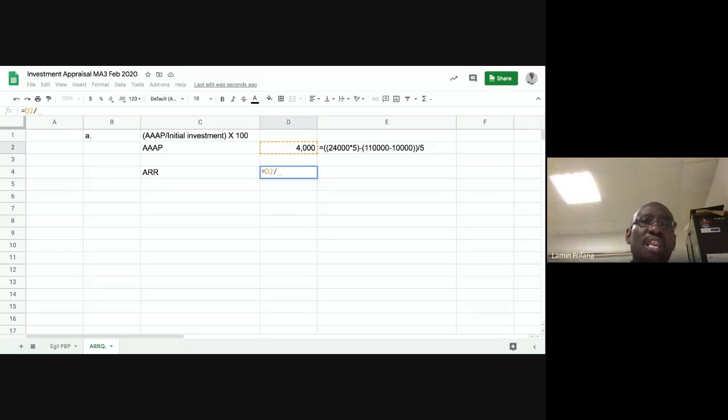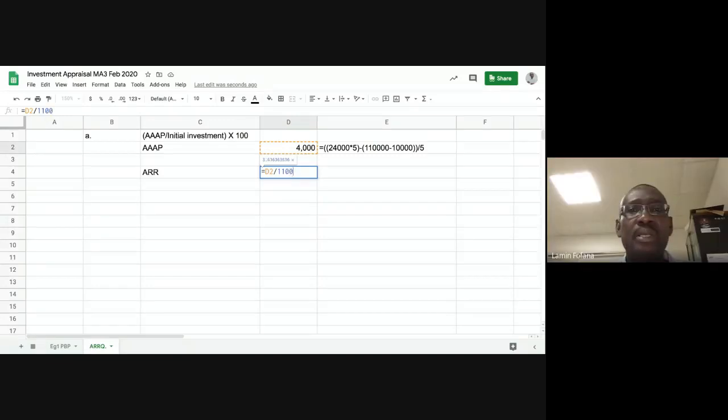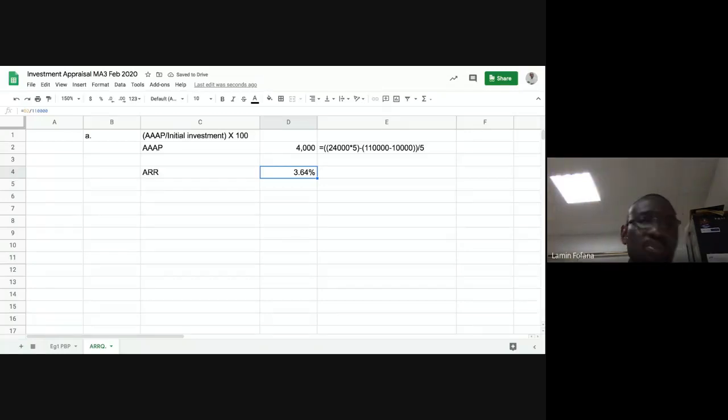What's the initial investment? 110,000. We enter. So if we enter, this is the number we have, we express that as a percentage. That gives us 3.64% to 2 decimal places.